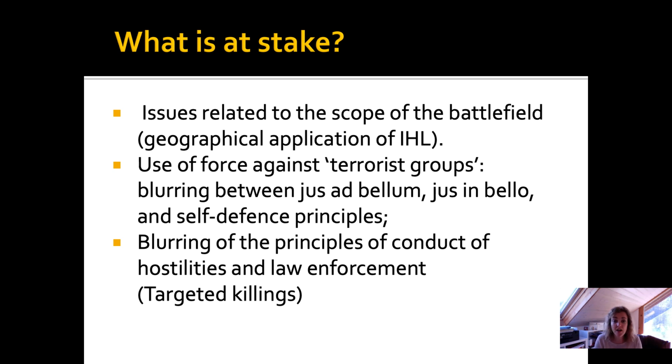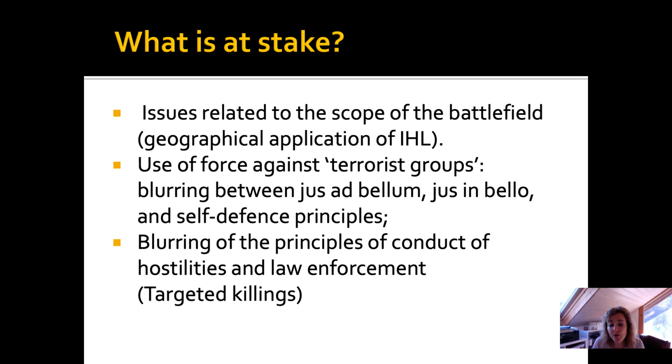Those states resorted to armed force, claiming that it was a legitimate self-defense, but also that they were ipso facto in a state of war against these non-state actors. So there is a blurring between jus ad bellum, jus in bello, and self-defense principles.